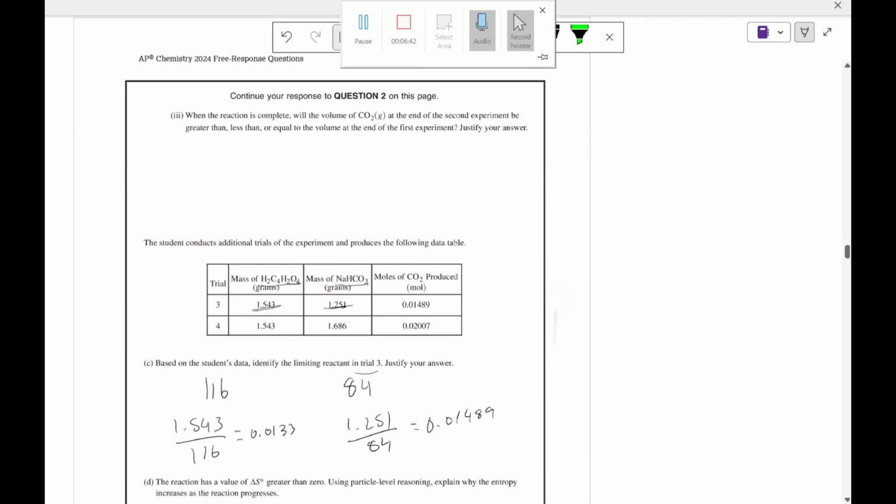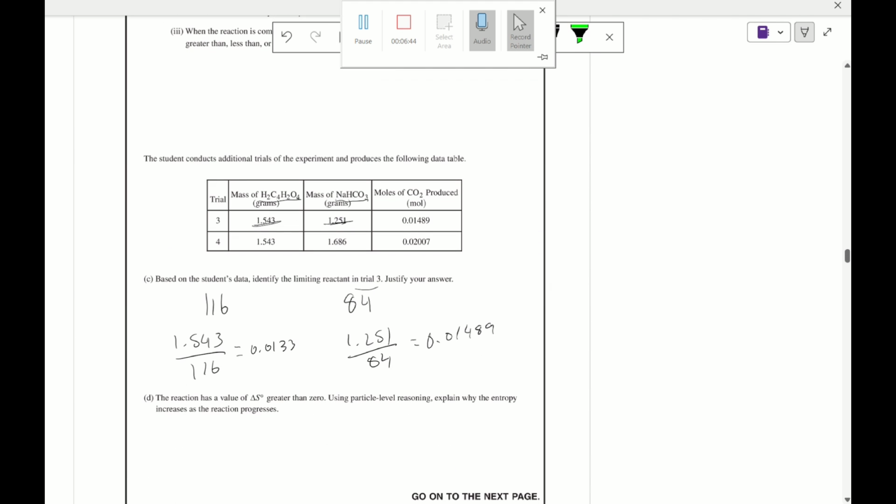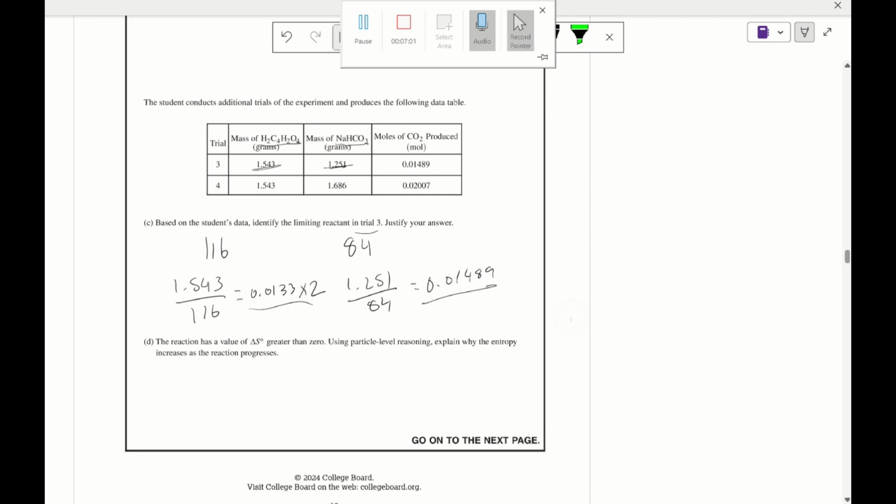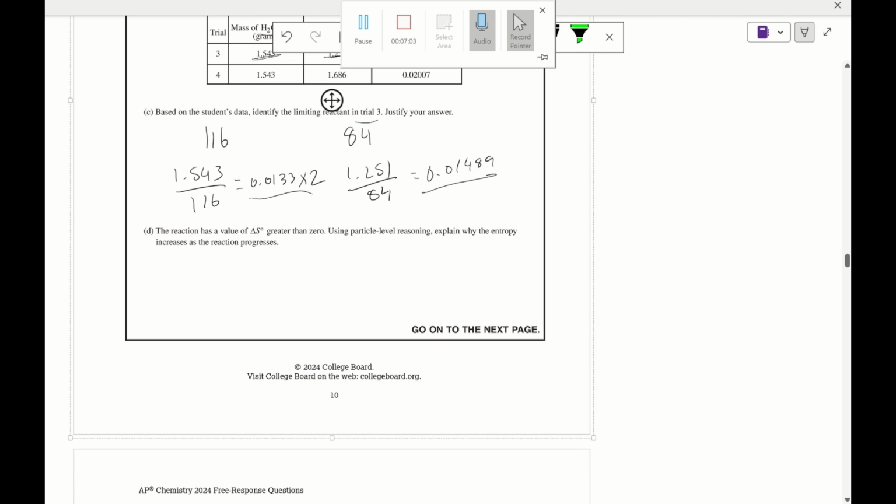So you'd have to multiply this by 2, and that would be greater than this. Therefore, because 2 times the amount of NaHCO3 is consumed, NaHCO3 would be our limiting reactant.